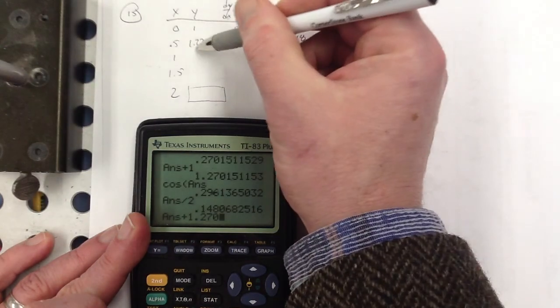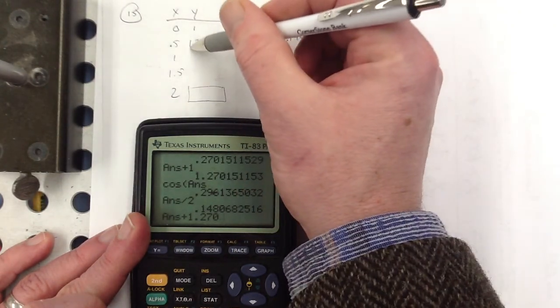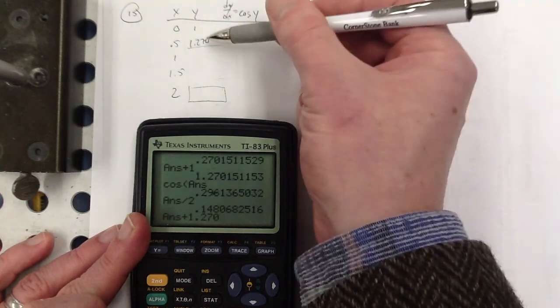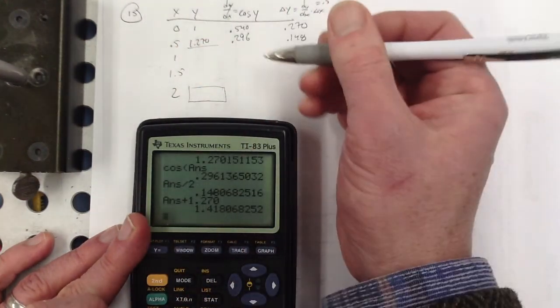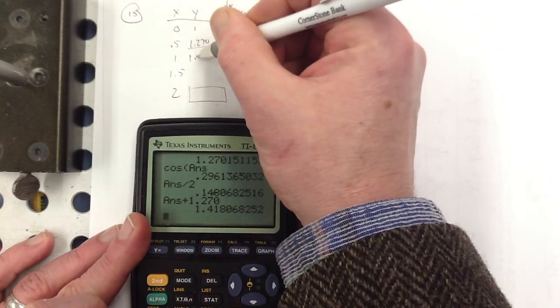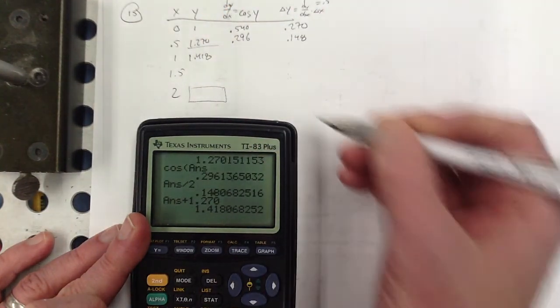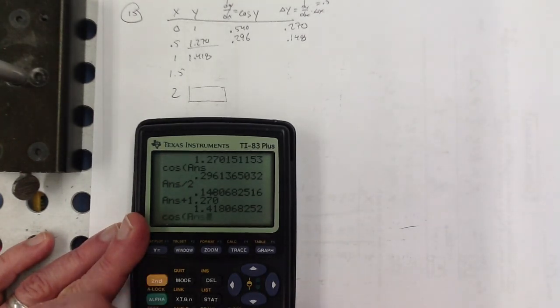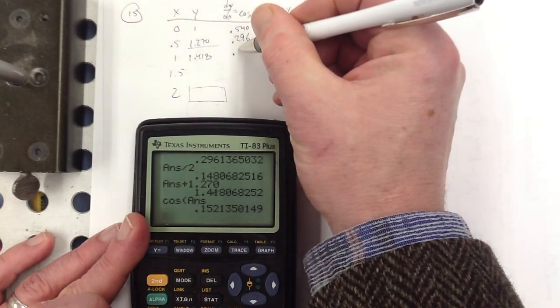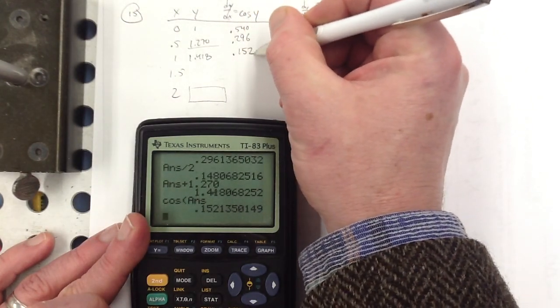So the only rounding that I'm doing, the way that I'm doing this here, is when I get back to here and I add that back on, I only kept track of 3 decimal places. So whatever, that's how I'm doing it. 1.418. The cosine of that, I mean, seriously, who cares what the cosine of that is? Hey, there it is, 152.